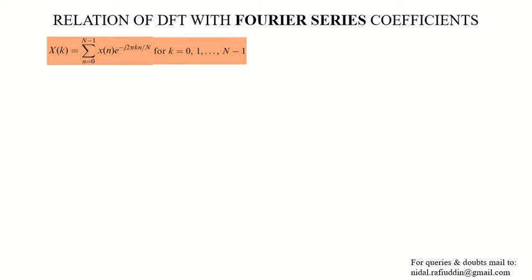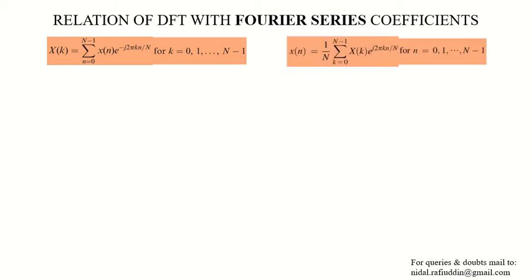So this is an N point sequence, and then we have a signal sequence x[n]. This is in fact the relation that we obtain from the inverse discrete Fourier transform, or IDFT, or the synthesis equation. So these are the two equations that we had been studying in our previous lectures.